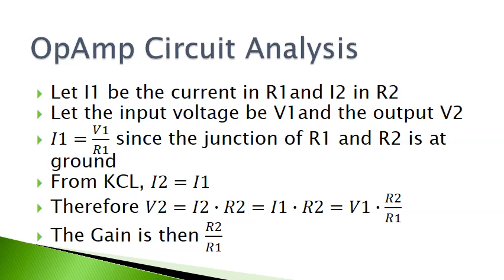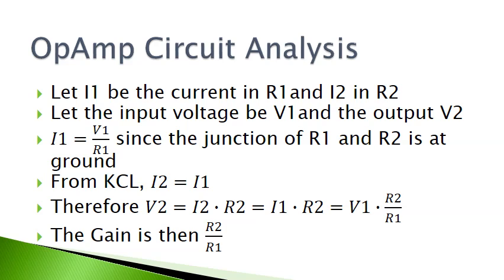So now we can do a little bit of circuit analysis. Let I1 be the current in R1 and I2 the current in R2. Let the input voltage be V1 and the output V2. Now we can calculate I1 to be equal to V1 divided by R1, since the junction of R1 and R2 is at ground.